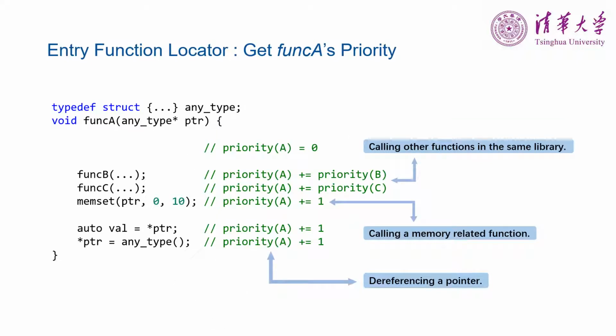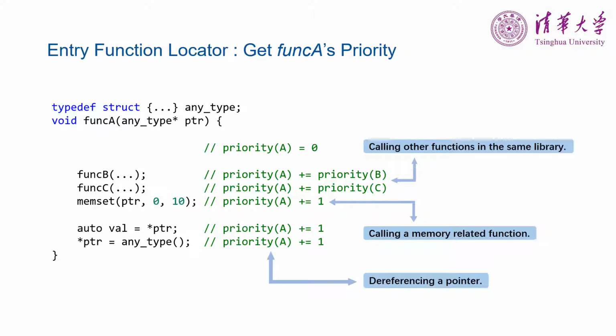Here is an example to illustrate how the entry function locator works. Here, we would like to get function A's priority. At the beginning, all functions' priority is set to 0 by default. Then, we find that function A calls function B and function C inside it. So, we add function B and C's priority value to function A. Next, we increase function A's priority by 1, since it calls memset, a memory-related function.